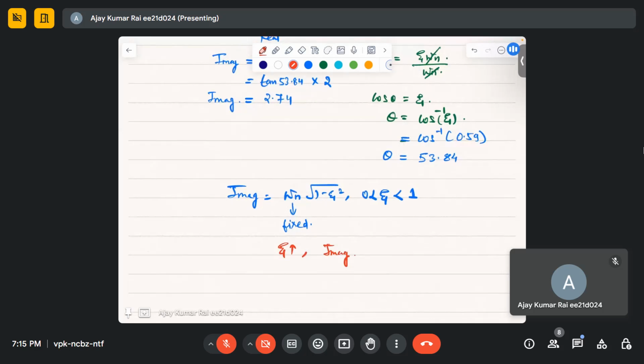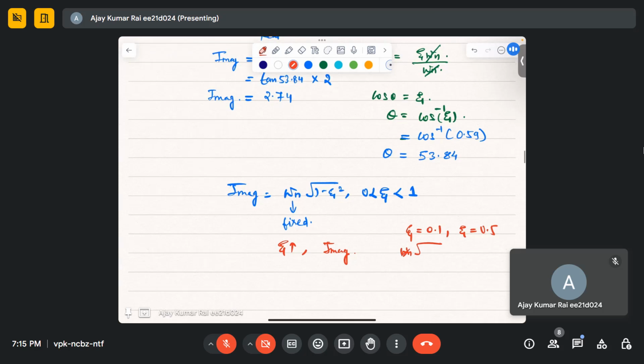Just take some real values and check. So you check two values: you choose 0.1, and you take the other value as 0.5. Let me take omega n as 3. So it will be 3 into root of 1 minus 0.1 square, 0.01.